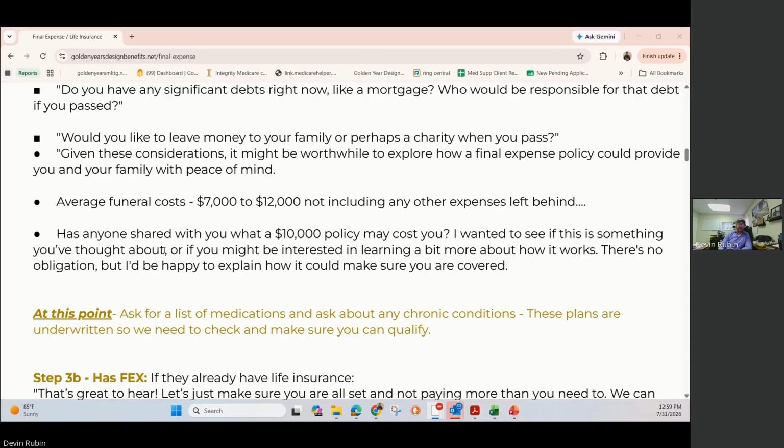So if they say yes, you say great. Don't give them a price. At this point, you're going to want to go through some basic underwriting. Ask them for a list of medications or chronic conditions, because these plans have to be underwritten.